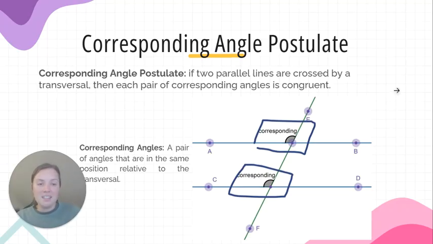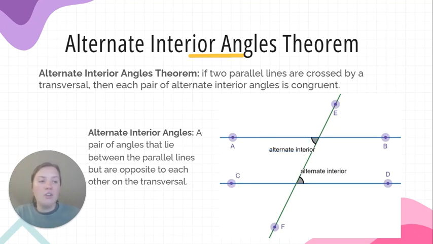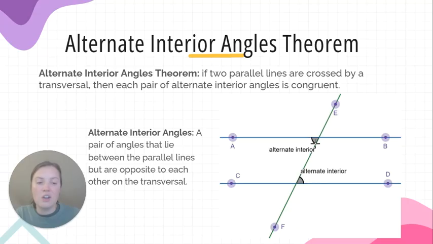Up next, we've got alternate interior angles. Alternate interior angles are angles that are found on the inside of two parallel lines, and they sit on opposite sides of the transversal. We can use so many different lines and transversals based off of our pictures, especially with parallel lines or parallelograms, right?